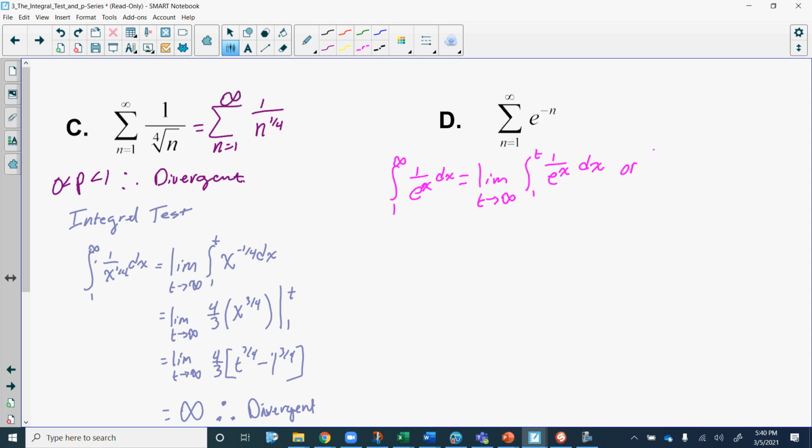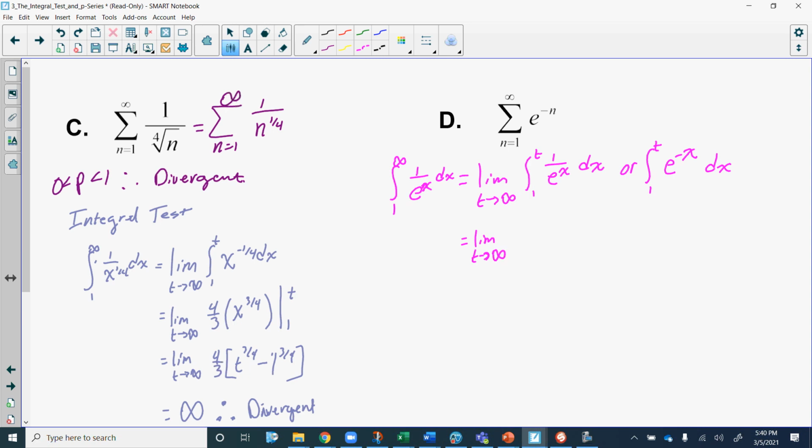So 1 to t, e to the negative x dx. The limit as t approaches infinity.